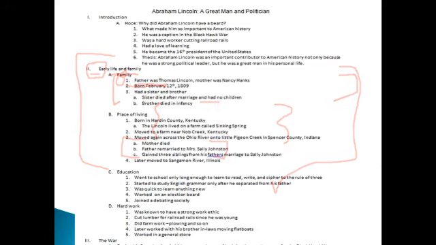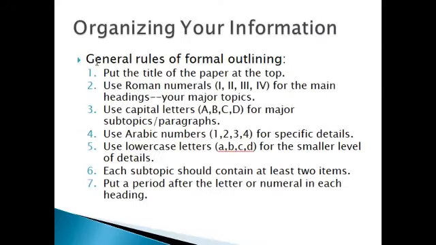So a couple quick reminders of what we've gone over. Remember, you always want to begin your formal MLA outline by including a title at the top of the page centered. You will use Roman numerals for all of the main headings of your paper. This includes a Roman numeral for your introduction, all of the sections of the body of your paper, and then a Roman numeral for the closing.